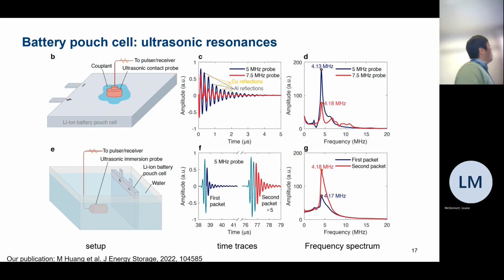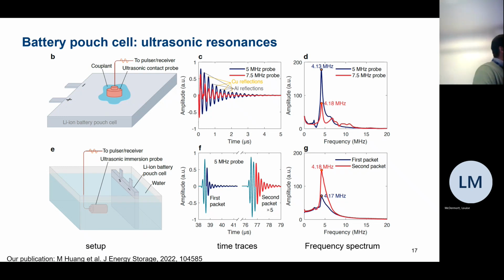And indeed, we found that if you put an ultrasonic transducer at the right frequency, it doesn't depend on how you apply it. You can do a contact measurement, or you can do an immersion setup, and the ultrasound inside of the battery will give you almost exactly the same resonance signal. If you do a Fourier transform, which gives you the frequency domain components, you can see the frequency components of the reflections inside of the battery cell are almost the same, which means it's from the structure rather than from the transducer.